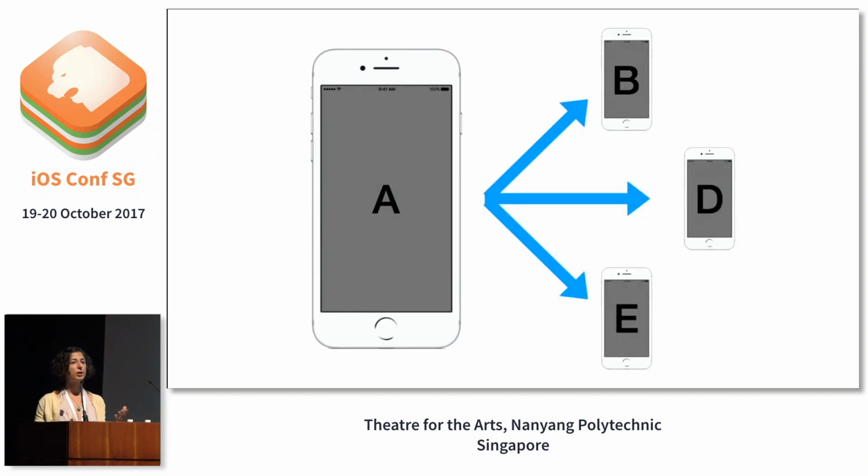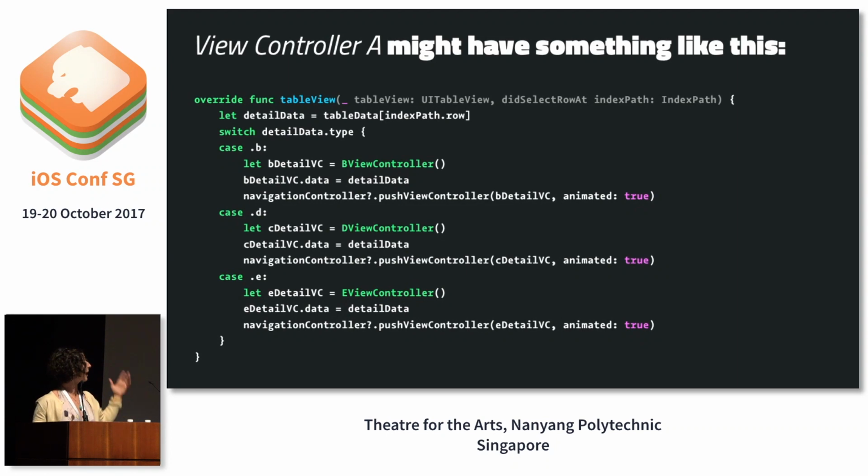Here's another pattern that is equally common. We have ViewControllerA, and now maybe it's still a table view, but it has 3 different kinds of cells. And if I tap one type, I go to B, another type D, another type E, and so forth. So now ViewControllerA is probably going to have some big blob of code that looks like this.